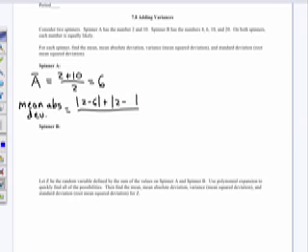Take each entry value minus the mean. Okay, so maybe on the third time here, I'll do that correct. So we get 4 plus 4 is 8. 8 divided by 2 is 4.